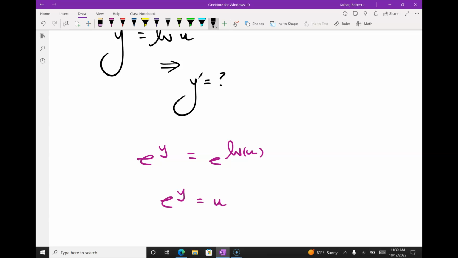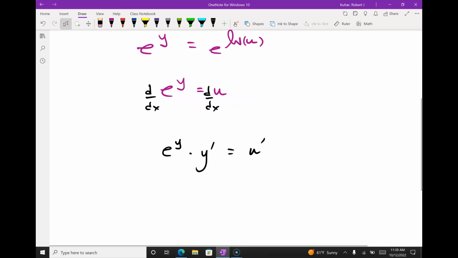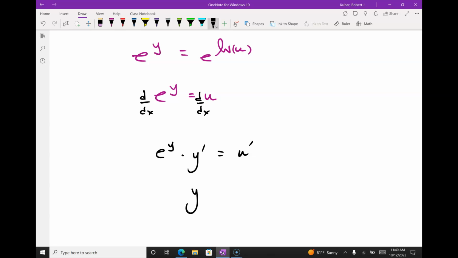And so now I want to differentiate both sides, d dx. And on the left, what do I get? e to the y times y prime. And on the right-hand side, I just get u prime. So if I solve this for y prime, I get u prime over e to the y.